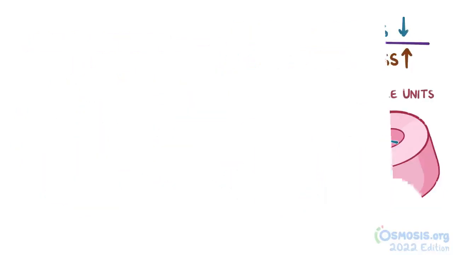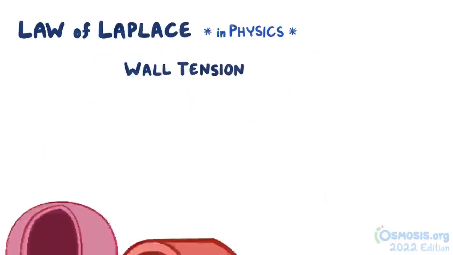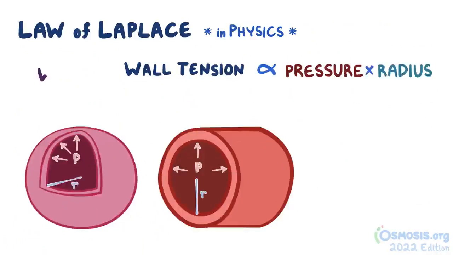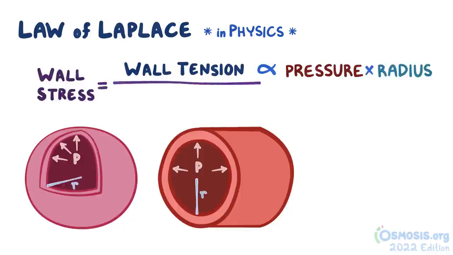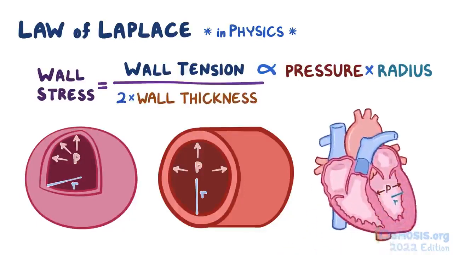Alright, as a quick recap, the law of Laplace is a law in physics that states that the wall tension of a hollow sphere or cylinder is proportional to both the pressure of its contents and its radius. Wall stress is the wall tension divided by 2 times the wall thickness. Now, when applied to hollow spherical objects like the left ventricle of the heart, the following formula is used.